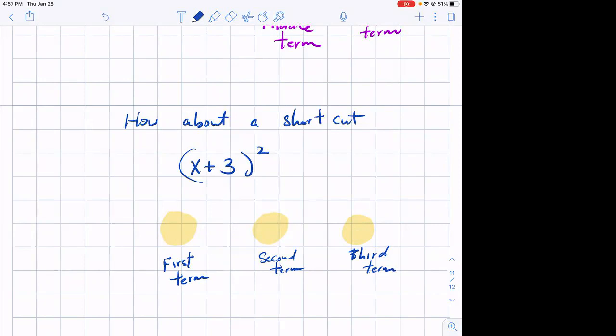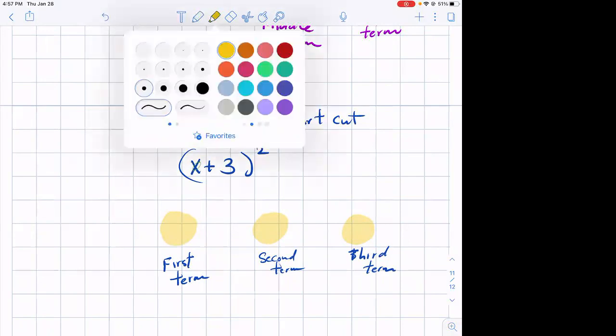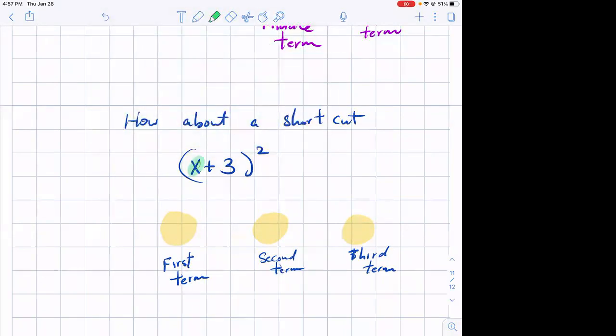Now the first and the third is easy to get. To get the first term, we take this here and square it, because this is a square.